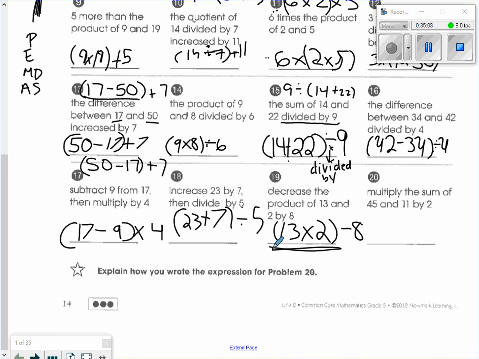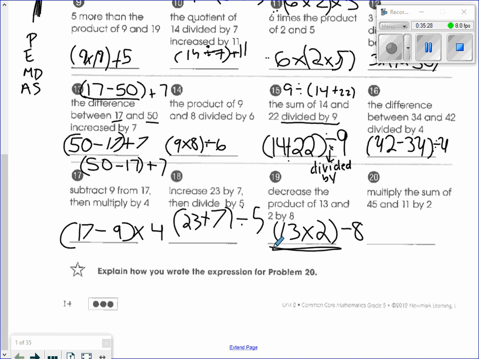Decreasing the product of these two numbers. Decreasing means you're making it smaller, so you're subtracting by 8.